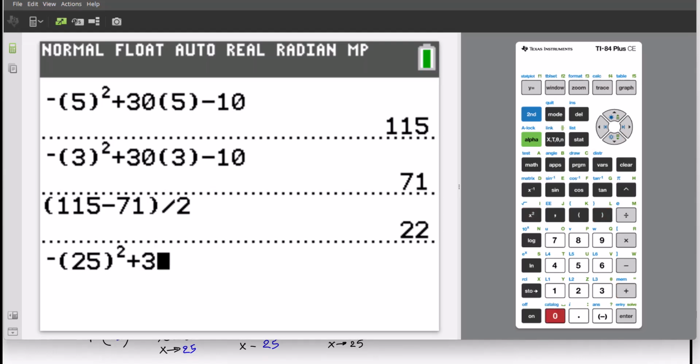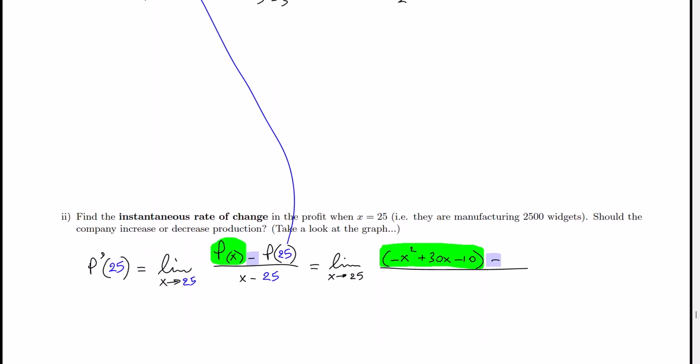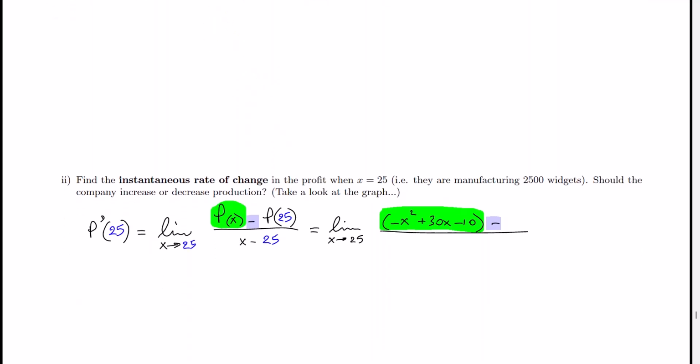Then I'll need to multiply 30 by 25 and subtract 10 from everything. Okay, so I'm getting 115, which is cool. So that's the number that goes next. So 115 is next, and that replaces the p of 25, and it's all divided by x minus 25.